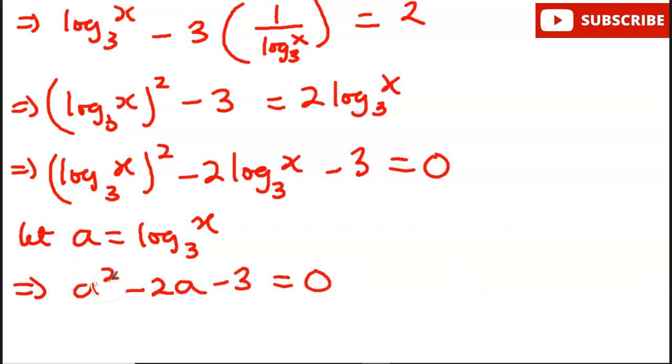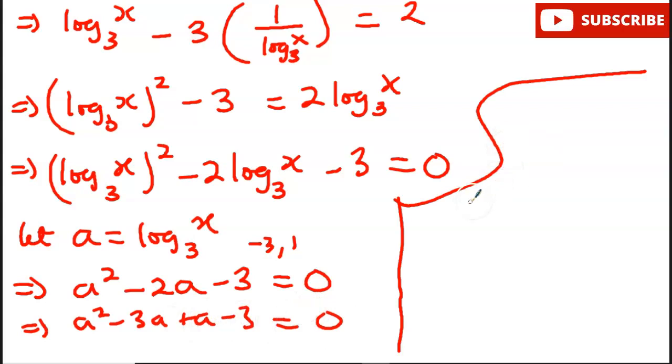We then factorize. 2 factors of minus 3, that when you add you get minus 2, and when you multiply you get minus 3. So you have minus 3 and then 1. So this implies that a squared minus 3a plus a minus 3 is equal to 0. So we are going to have a into bracket a minus 3 plus 1 into bracket a minus 3 is equal to 0.